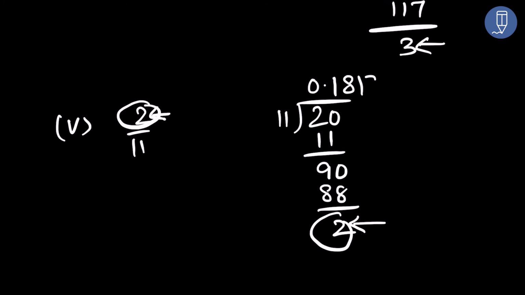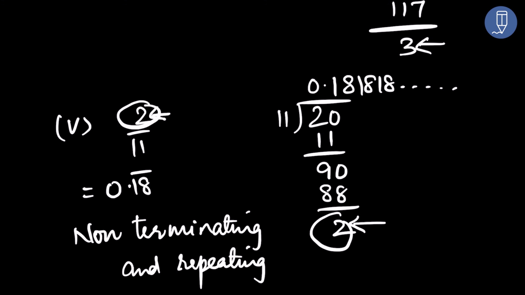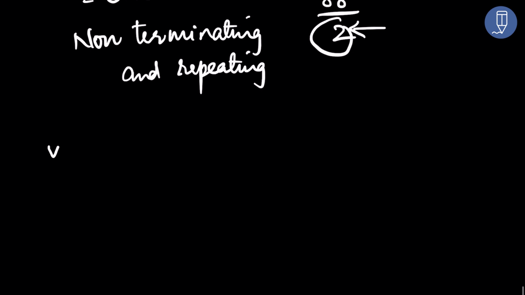That means this 1818 is going to repeat now. So this gives you 0.18 bar. What kind of decimal number is this? This is also non-terminating and repeating. Clear?